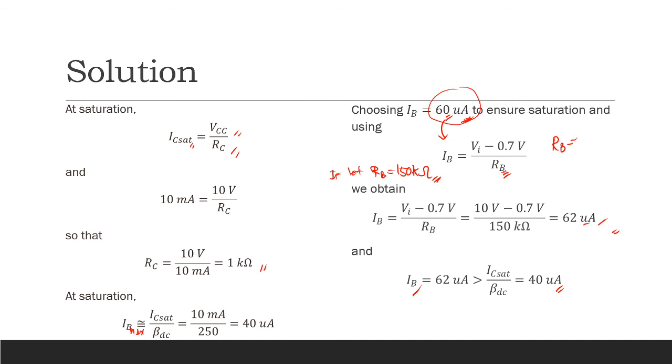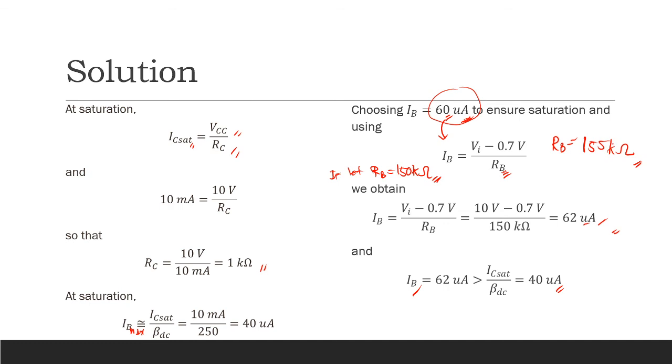So, 10 minus 0.7 divided by 60 exponent negative 6, ang nakuha natin is 155 kilohms. However, walang available na 155 kilohms doon sa market. Walang industry made na 155 kilohms.